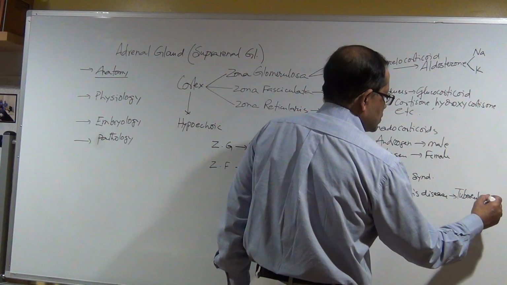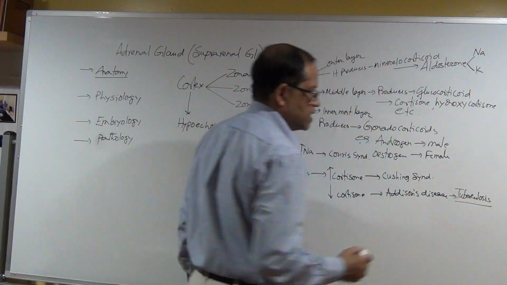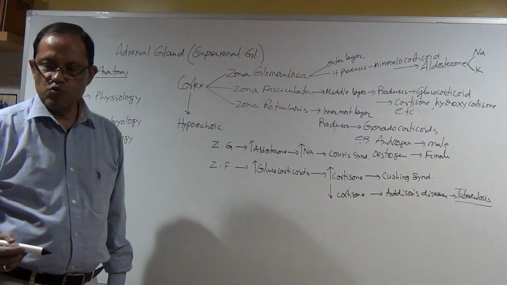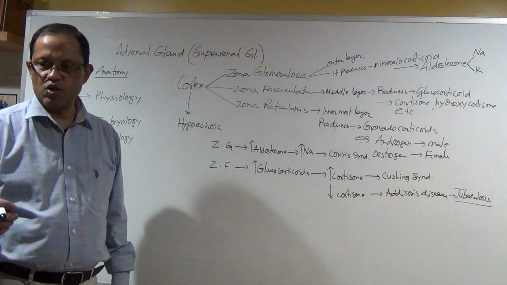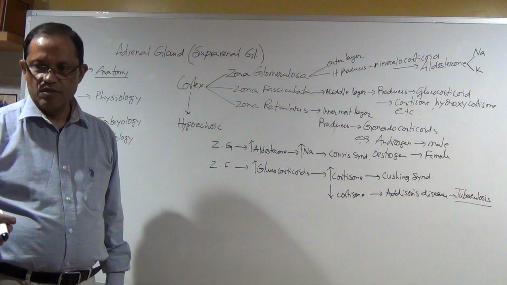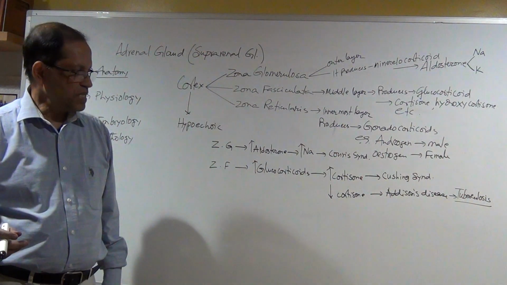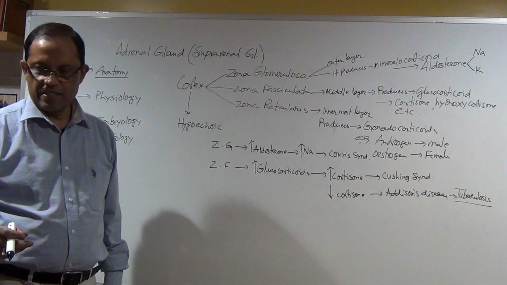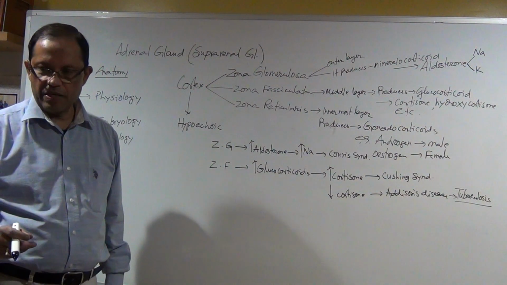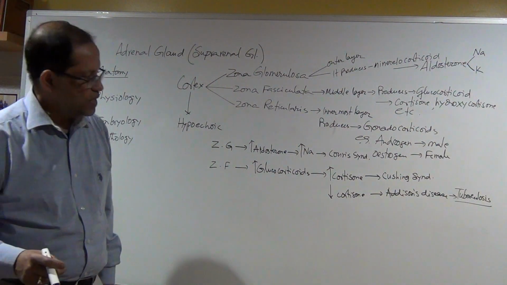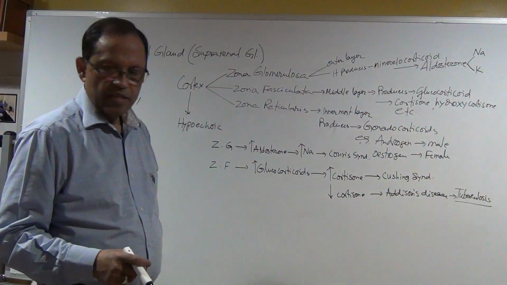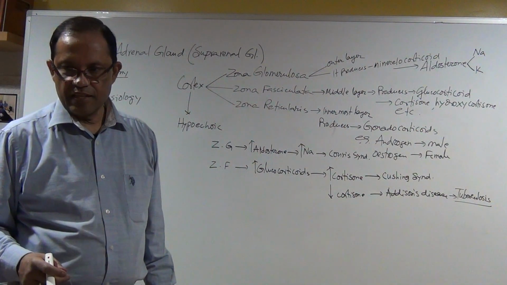Tuberculosis, you know the disease, right? Tuberculosis is one of the major causes. You can say 90-95% of Addison's disease happens due to the tuberculosis of the adrenal gland.